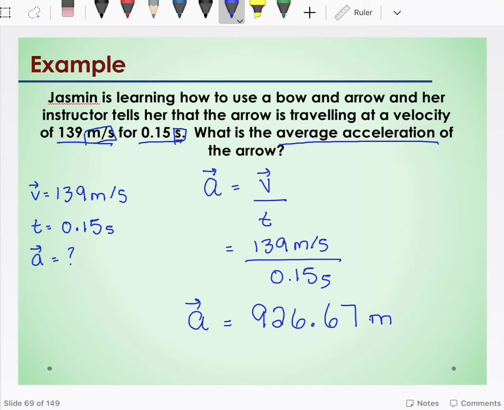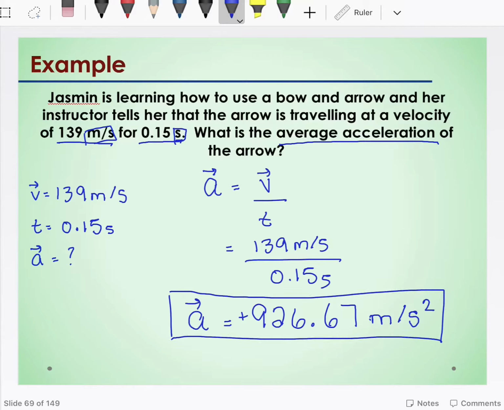And my units are meters per second squared. Now, there was no real indication about what direction everything was traveling, but this is going to be positive. My calculation turned out positive, so it's positive, and that's my answer. If you're not really given any sort of direction, you don't need to worry about it, but if the velocity has the direction, then you'll have to include it.